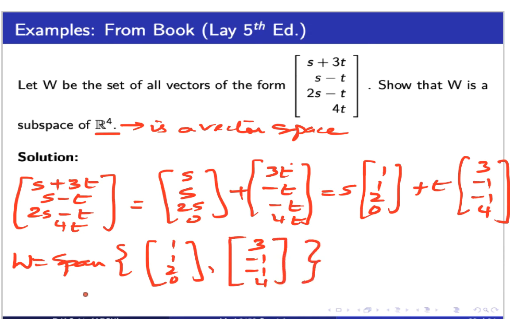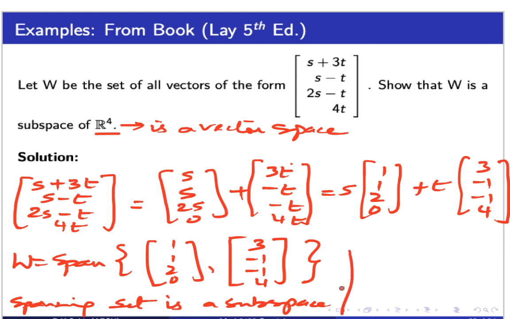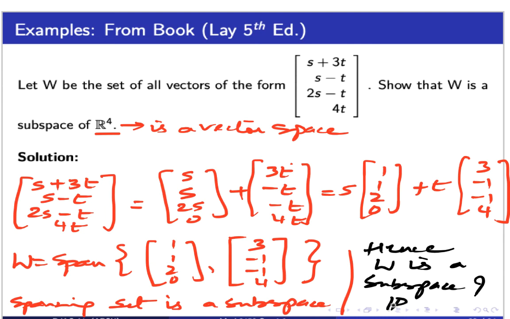And we just said that a spanning set of vectors is a subspace. We know that the spanning set is a subspace. Hence, W is a subspace of R4.